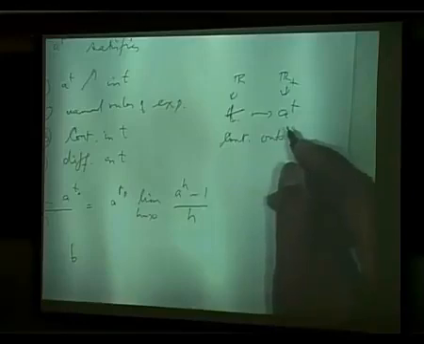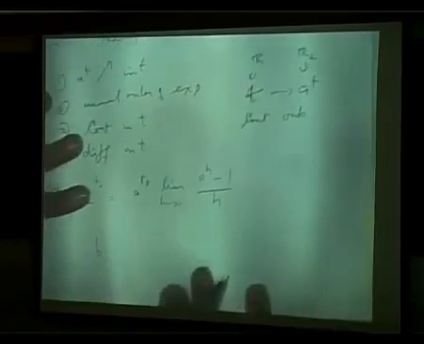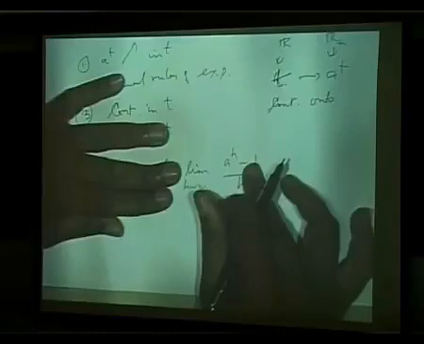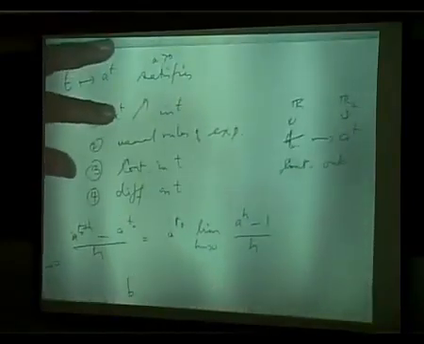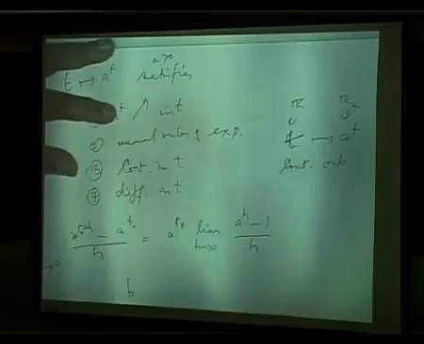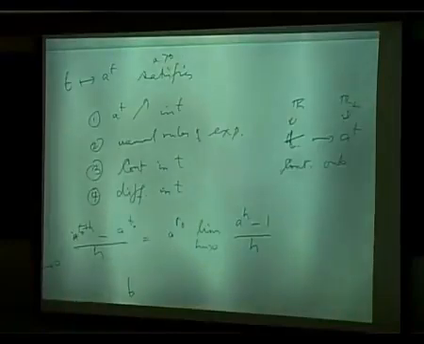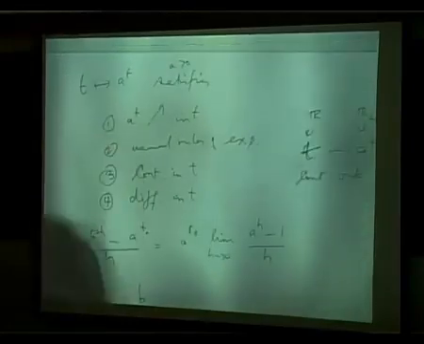So any b can be written as a power h. So it follows that if this limit exists for one a, that means that this function a power t is differentiable at t equals 0, and hence by this calculation it is differentiable at all t0. In particular, it will be differentiable at that t0 for which a power t0 is b. And then it will follow that this limit b power h minus 1 by h will also exist.